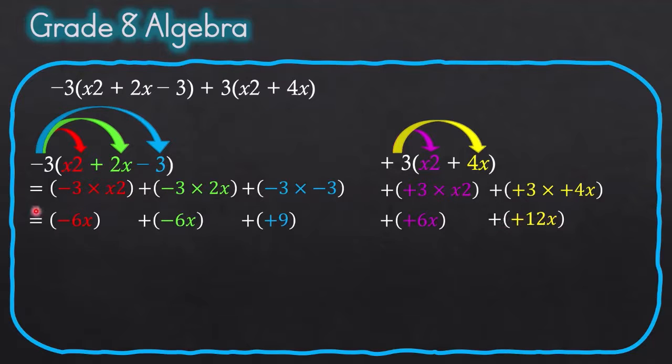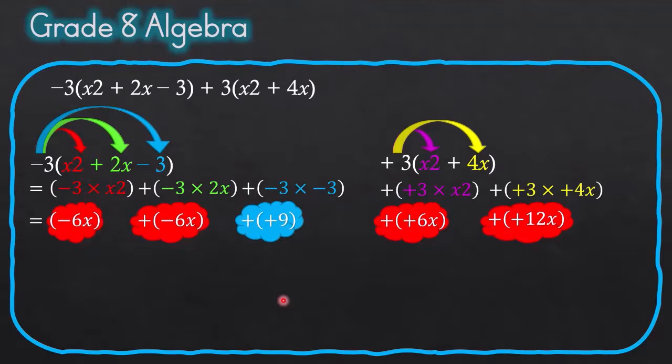Now, if I look at this, I've got two different things. I have x's, there's an x, another x, a whole number, a constant, an x and another x. Those are going to be similar, and that one is going to be a different one. Everything in red can be together. That means I've got a negative 6. If I take negative 6 and I have another negative 6, that means I've got negative 12.